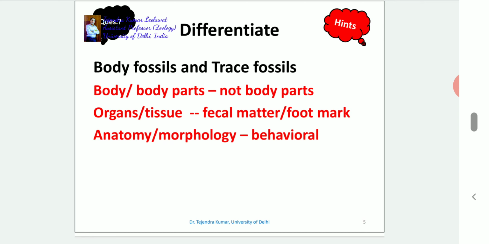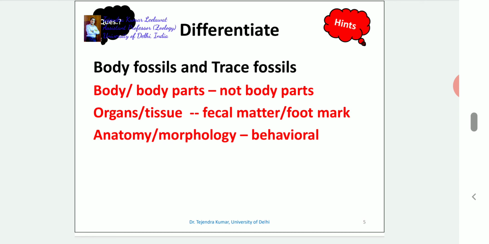You might have heard sometimes in the newspaper or in the bulletins that some footprint marks of a dinosaur were discovered. So these are actually trace fossils. Trace fossils also give us information about how the fecal matter is constructed, or its structure.